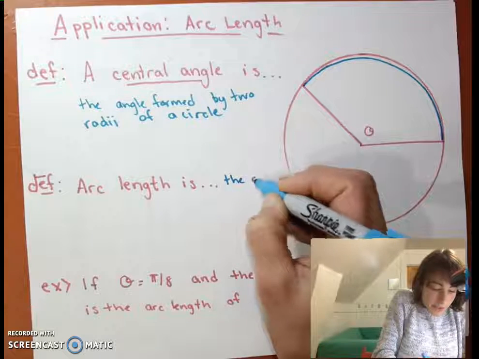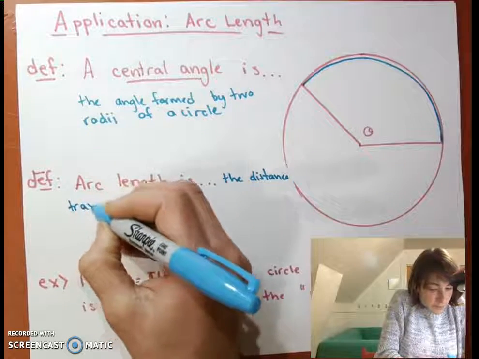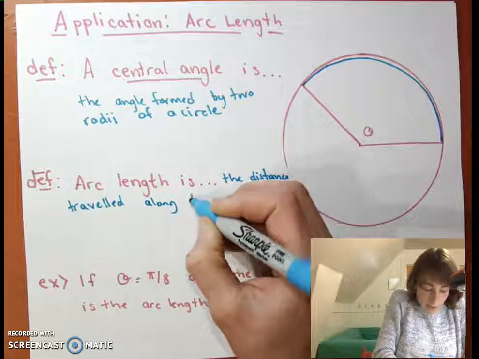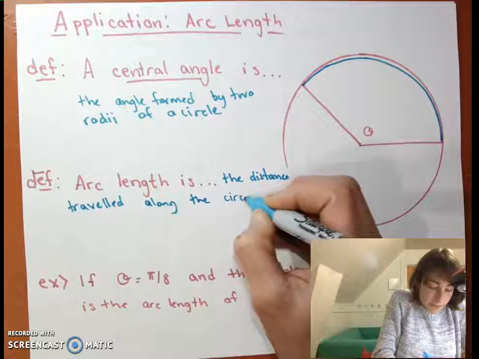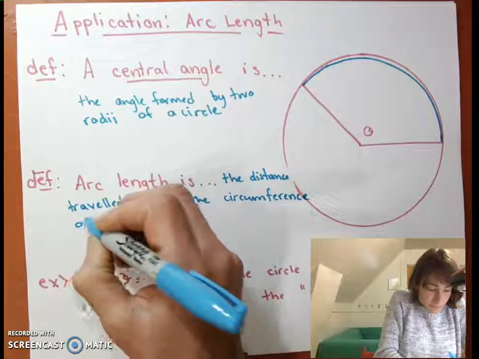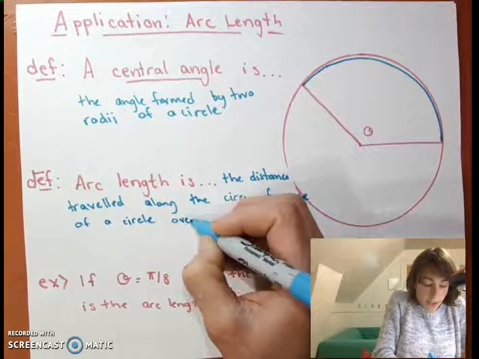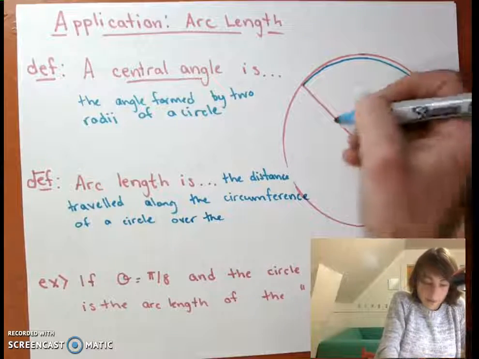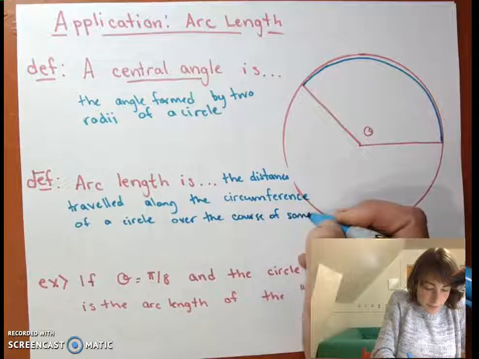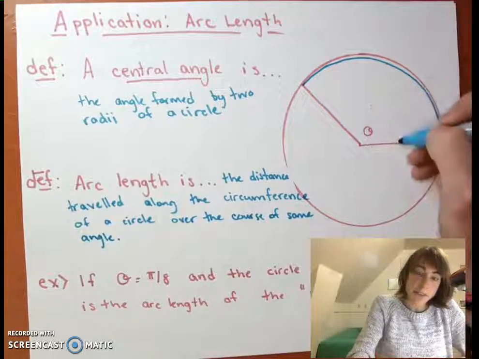So the distance traveled along the circumference of a circle, and we'll say over the course of some angle. Because usually when we talk about arc length, we talk about it in reference to a central angle.